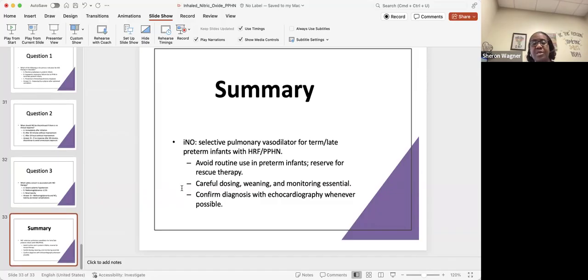So in summary, nitric oxide is a great drug to be used to help pulmonary hypertension. It is a selective pulmonary vasodilator, and it is to be used in term or late preterm infants.